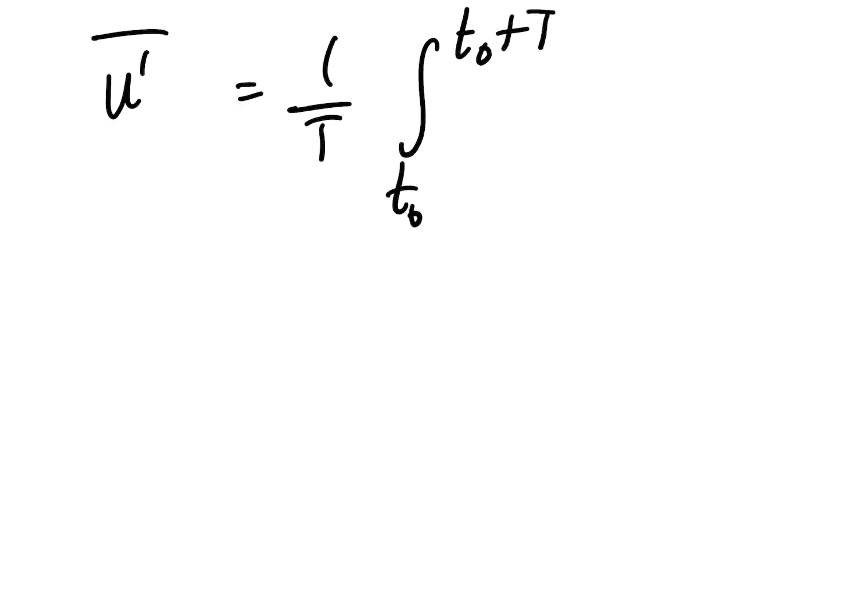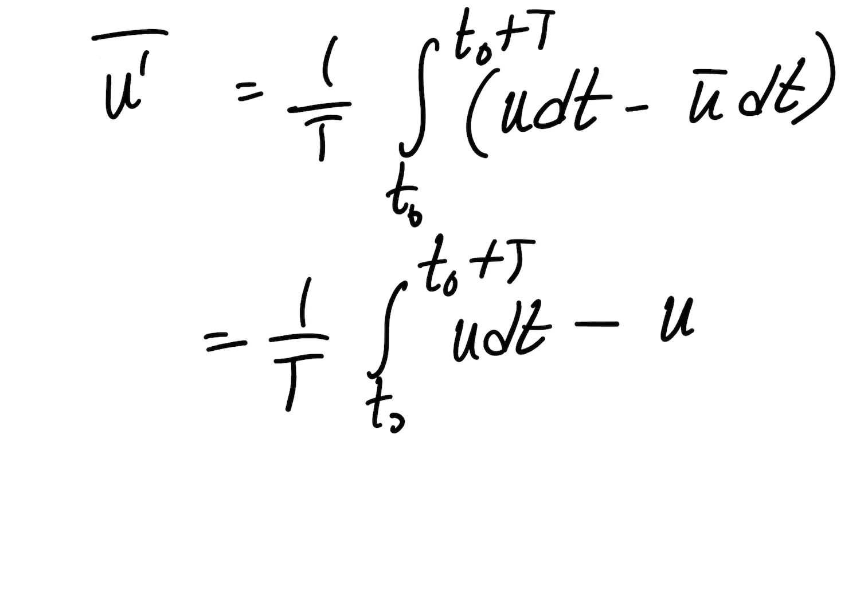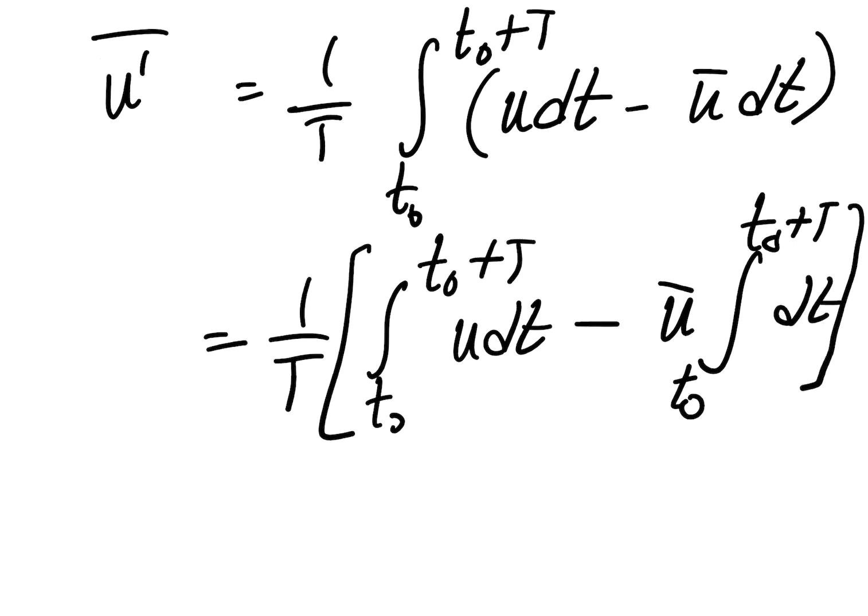So I have the average value of U dash to be 1 over T, the integral from T naught to T naught plus T of U dt minus the integral of U bar dt, and I'm going to split this: 1 over T times the integral of U dt minus U bar, which is a constant, integrated from T naught to T naught plus T dt, the whole thing divided by time.